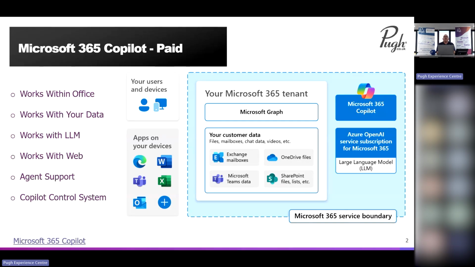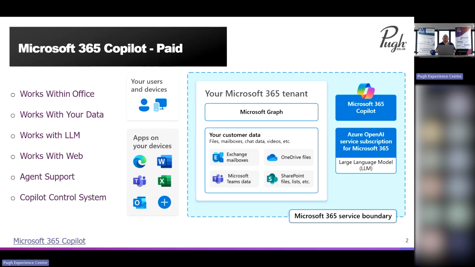The second big feature that differentiates it is that it grounds itself, or gets its information, from your customer data, your data. So your Exchange mailbox, your Teams meetings, your OneDrive files, your SharePoint files.